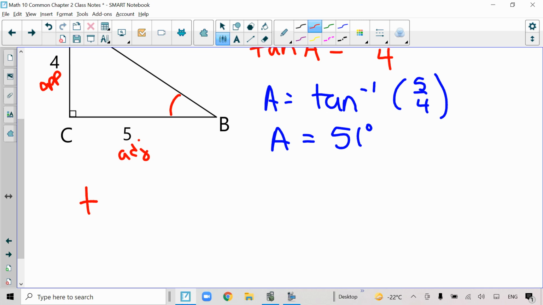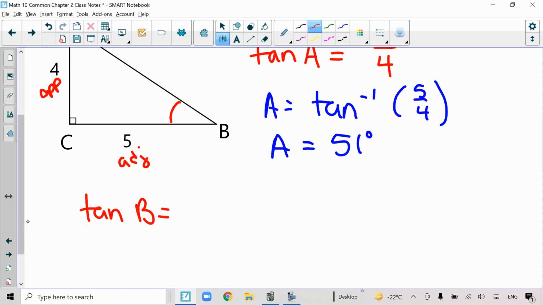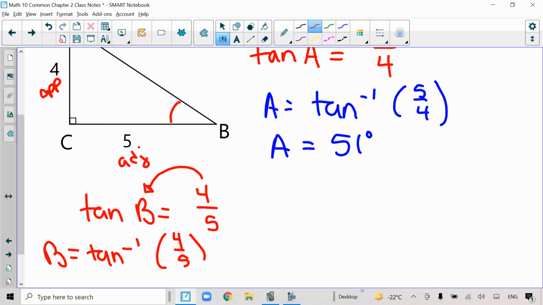For angle B, I know that tan of B, because it's opposites and adjacent, so it's the same thing, O's and A's. So tan of angle B is opposite over adjacent. And again, I want the angle, so I need to go backwards. So I'm going to use my tan inverse. So angle B will be the tan inverse of 4/5.